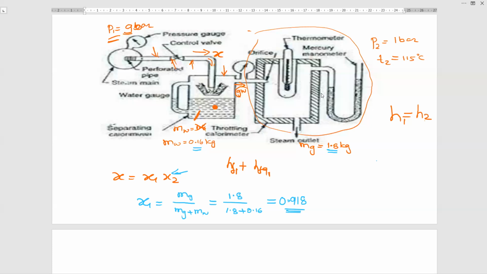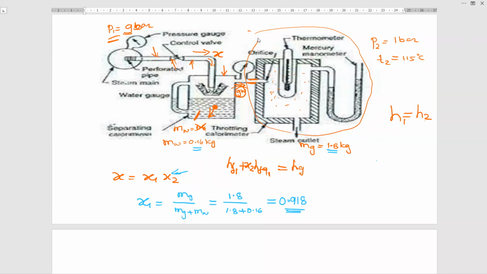And you have already collected the mass of water here, so only steam is left. So I will write the second dryness fraction X2 is equal to, and here it is not a mixture. Mixture is entering the throttling device. This throttling device converts the mixture into pure gas. It is pure gas, so I will not write HF or HFG, but I will write HG.